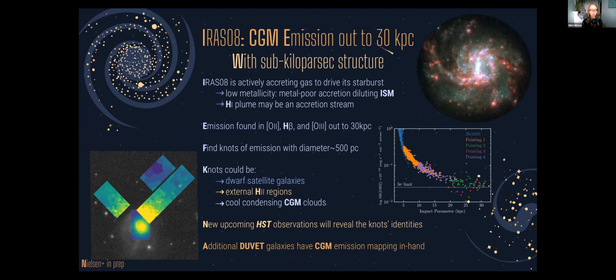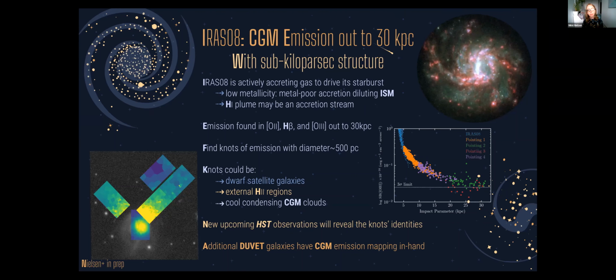But given that we see it off here, and other groups have also seen CGM basically everywhere, I don't find it concerning. It's just a matter of how the properties differ where we see that H1 plume versus not. And that's something we're still working on. And in fact, the knots will probably be important for that as well.